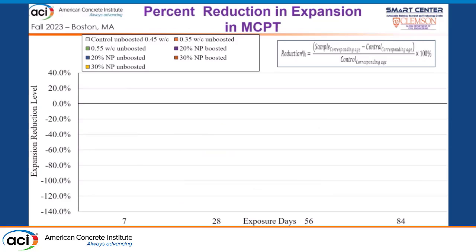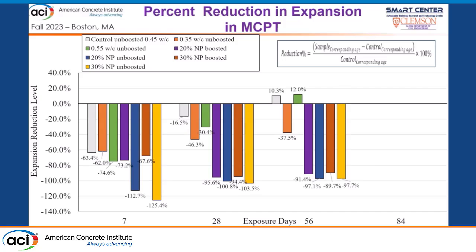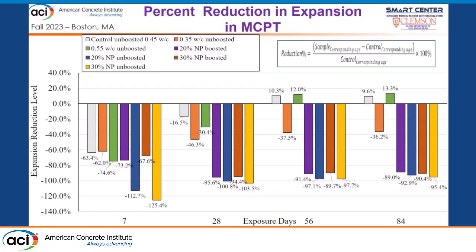Now going back to that C441 test of looking at the % reduction in expansion. So what we did was we looked at the % reduction in expansion with reference to the control sample. And what we noticed is that at 7, 28, 56, and 84 days, there is a significant reduction in expansion, especially with these to the right here, the orange and yellow ones.